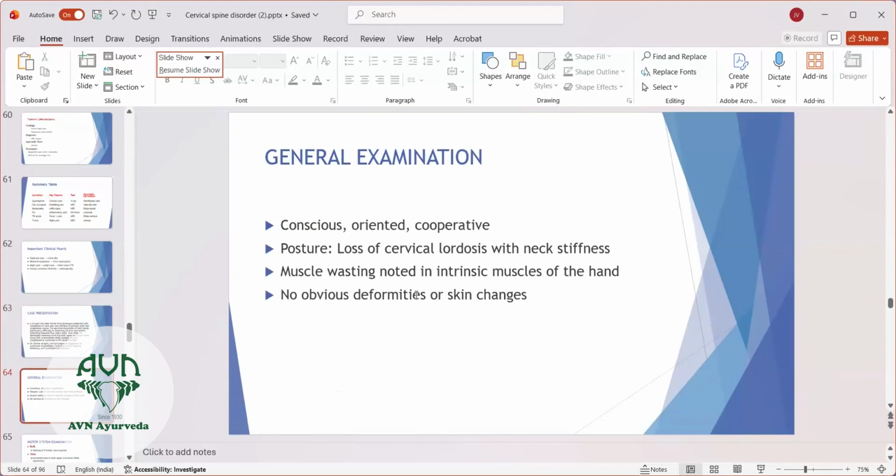On general examination, the patient is conscious, oriented, and cooperative. Posture: loss of cervical lordosis with neck stiffness. Muscle wasting is noted in the intrinsic muscles of the hand. No obvious deformity or skin changes.